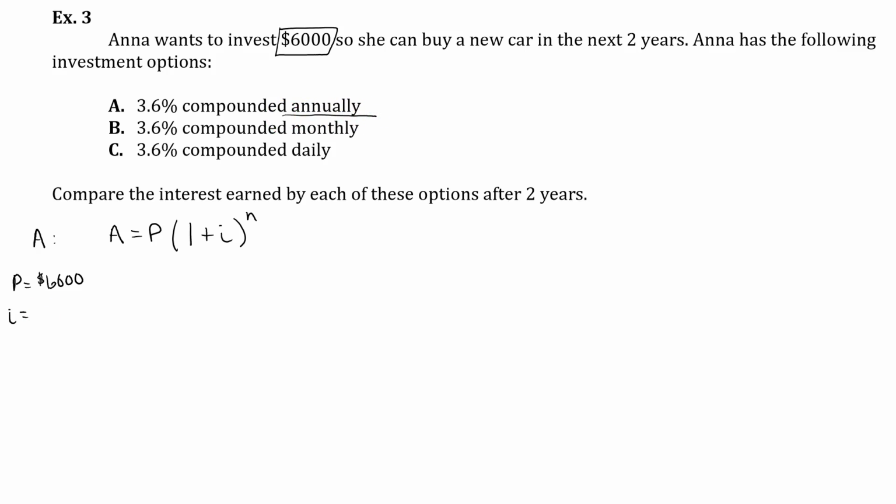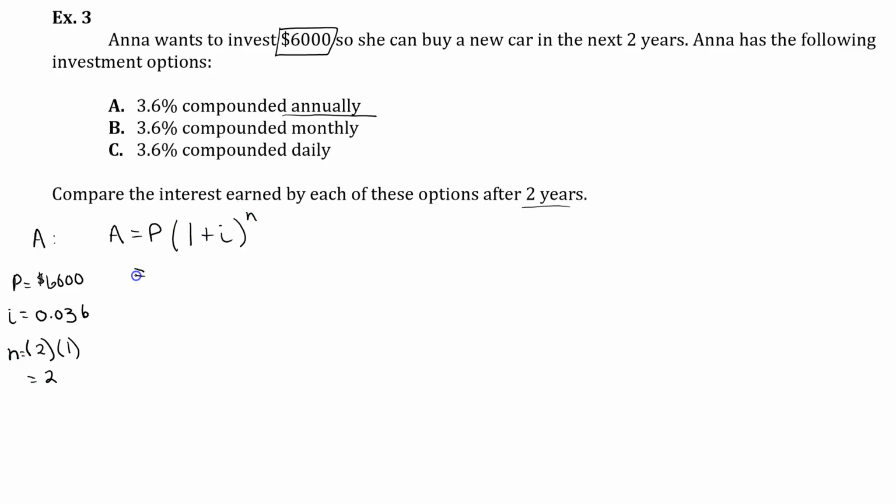So we're going to just say 0.036. We could say divided by 1, but that's just silly. The number of compounding periods is the number of years, which is 2, times the number of compounding periods per year, 1, and that's just going to be 2. So our n value is going to be 2.